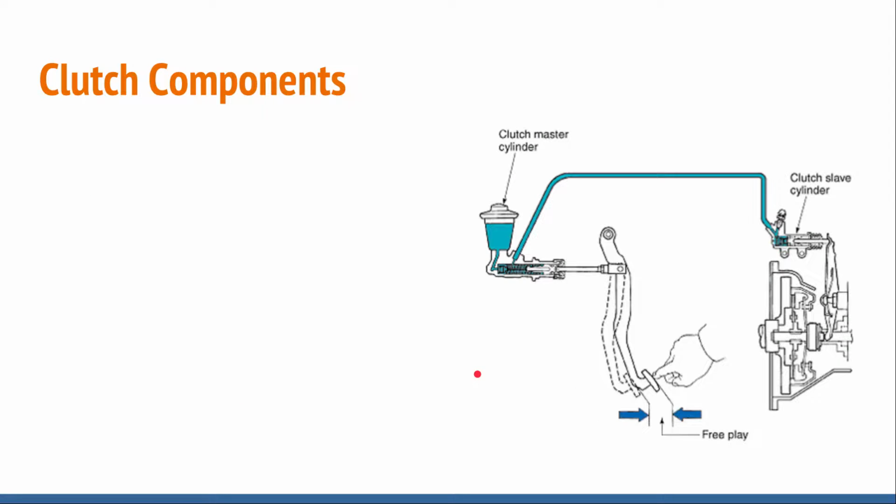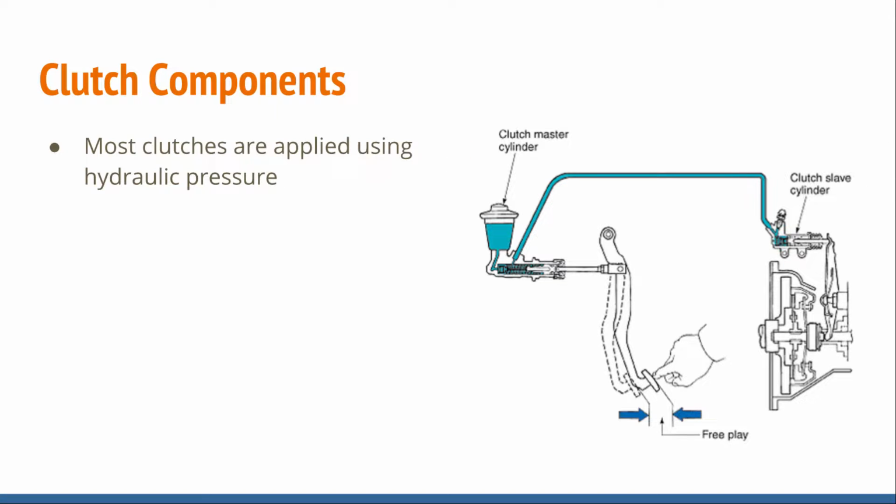I'm going to show you guys the hydraulic portion of that. So most clutches use hydraulic pressure, some use a cable, but most use this hydraulic pressure to engage and disengage clutches. So right here, if you can imagine, that's your clutch pedal. As you push on that, the clutch pedal linkage goes into the master cylinder.